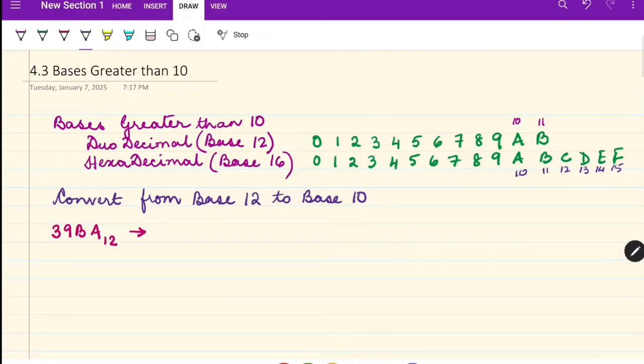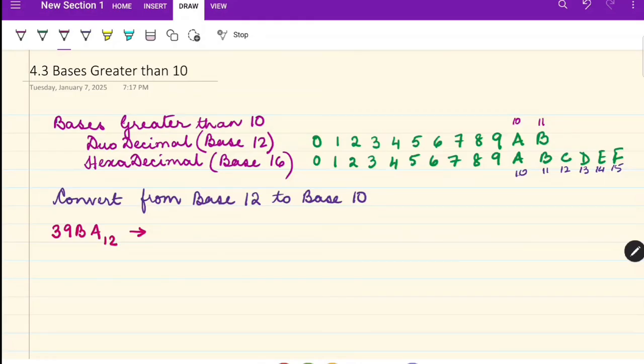You will be multiplying each digit by its respective place value and then adding up all the values. However, we have to use the positional value based on base 12. So let's look at how the positional values would look.